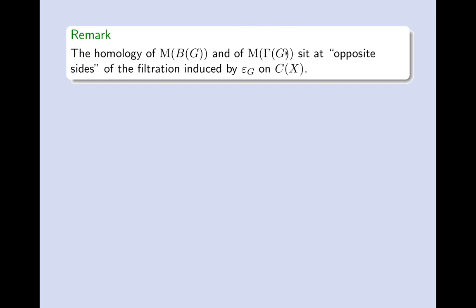So in some sense these two simplicial complexes are the opposite sides of this filtration. Another way of saying this is that the homology of this matching complex of the barycentric subdivision is in the degree 0 of the associated graded object to this filtered chain complex.